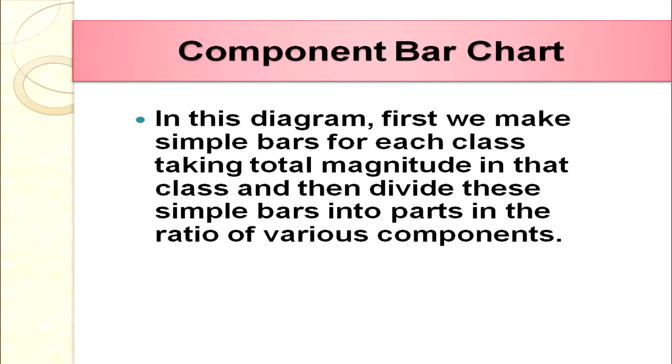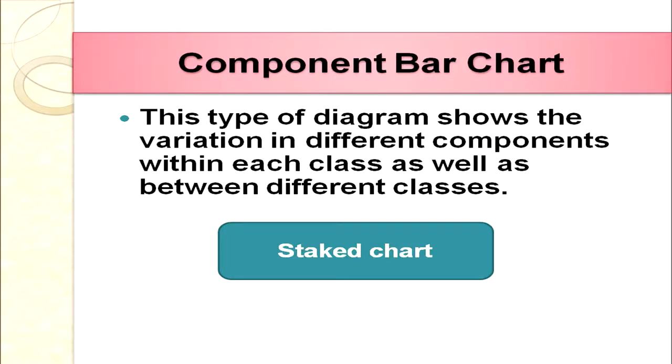Then we divide these simple bars into parts in the ratio of various components. So, this type of diagram shows the variation in different components. That means in a single bar I will be able to identify this portion belongs to this and that portion belongs to that. As well as it also shows variation between different classes. So, this type of diagram shows the variation in different components within each class as well as between different classes.